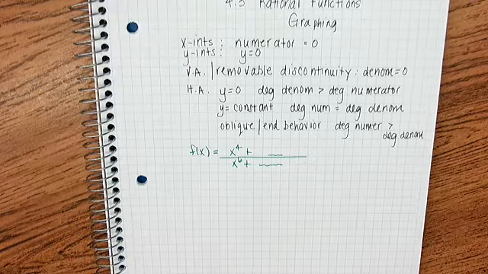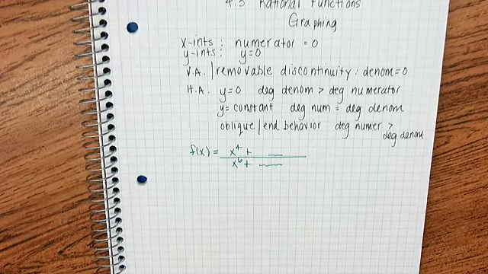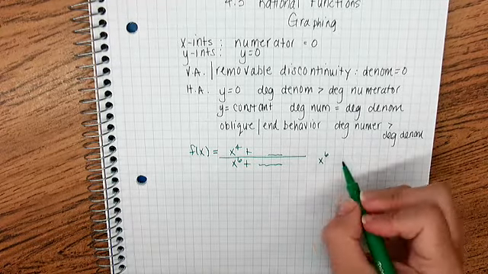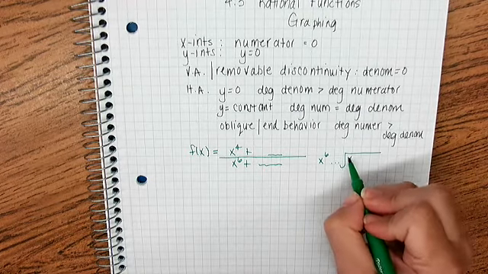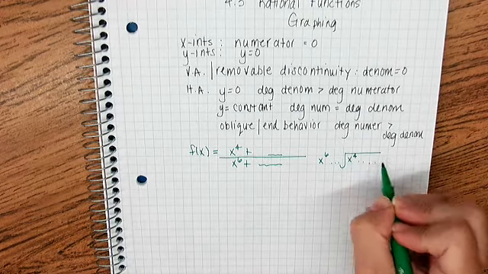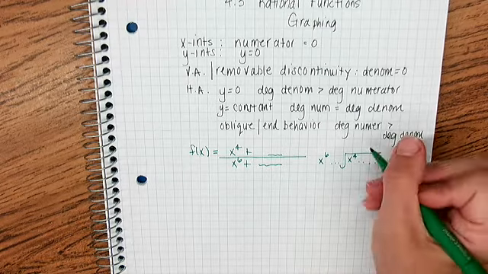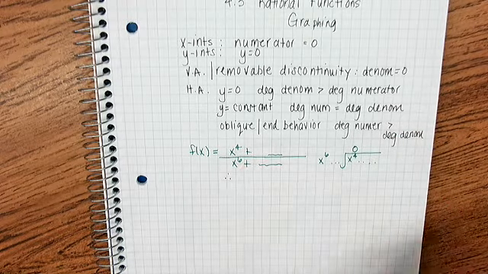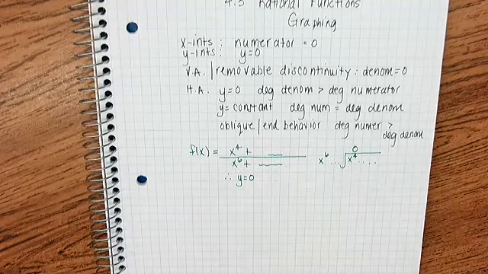And the answer is no. X to the 6th goes into x to the 4th 0 times. If you were to long divide this, which of course we're not, but the first step of long division, you would say x to the 6th goes into x to the 4th 0 times. Therefore, this would be a horizontal asymptote at y equals 0.